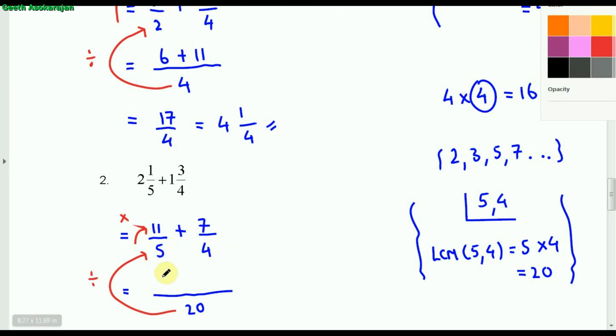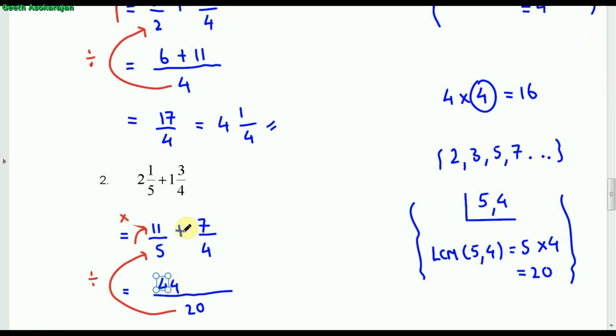So if I go back to blue, 20 divided by 5 is 4. 4 times 11, 44. Plus, so write down a plus. Doing the same for the second fraction. 20 divided by 4 is 5. 5 times 7 is 35.